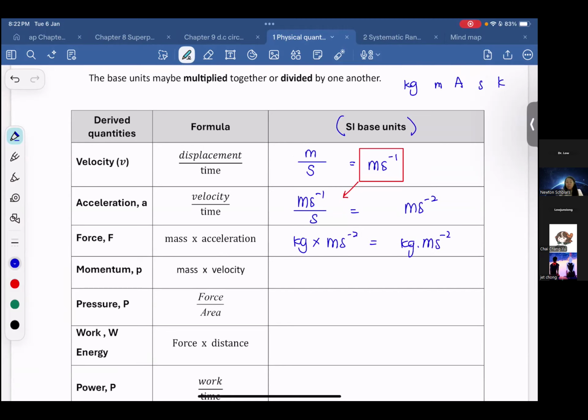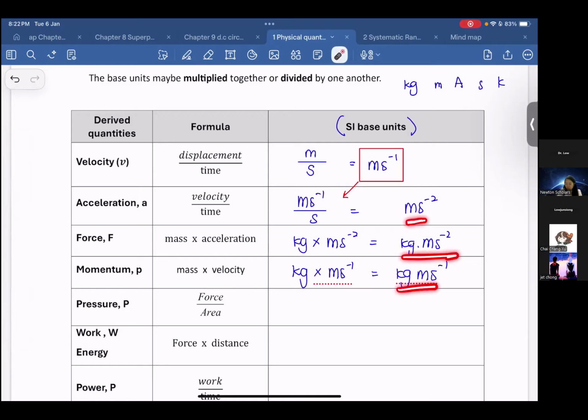Okay, momentum, mass kg, velocity m s^-1. So it is kg m s^-1. This is the unit for momentum. Can you see that all the final units come from these 5 base units? They are combinations. No other units like Newton.